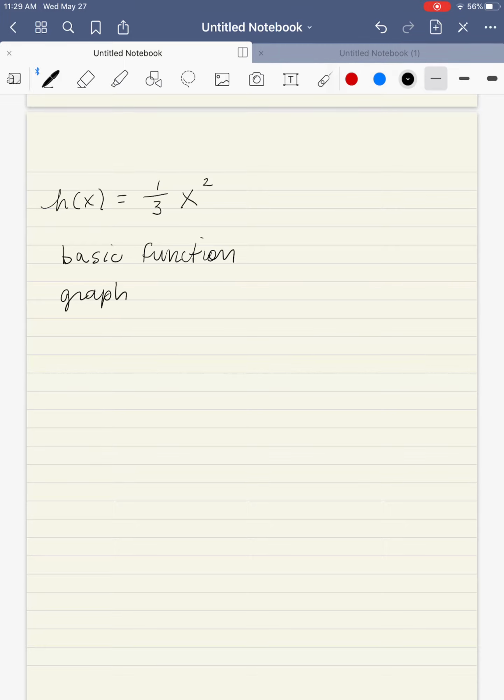And be sure to plot when x is -1, when x is 0, and when x is 1, because we're going to need those when we do our stretch or shrink. So go ahead and pause the video, write the basic function, sketch the basic function, and then rejoin me.